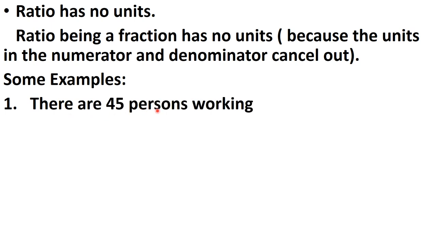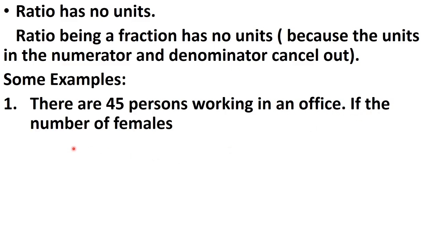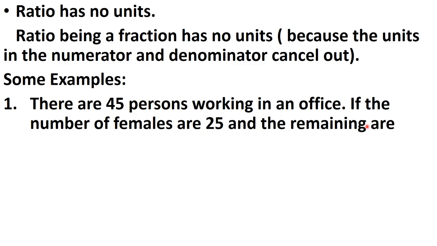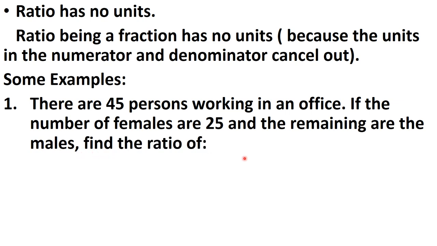There are 45 persons working in an office. If the number of females is 25 and the remaining are the males, find the ratio of... In one office 45 persons are there.